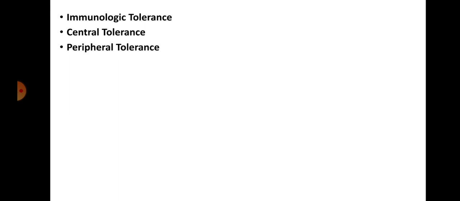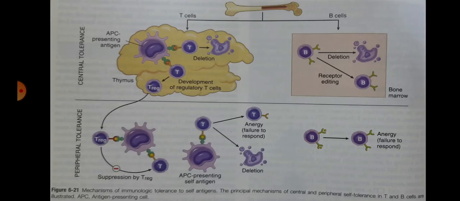One, central tolerance and two, peripheral tolerance. You can see this in figure 6.21. This is figure 6.21 showing the mechanisms of immunologic tolerance, nothing but self-tolerance to self-antigens.